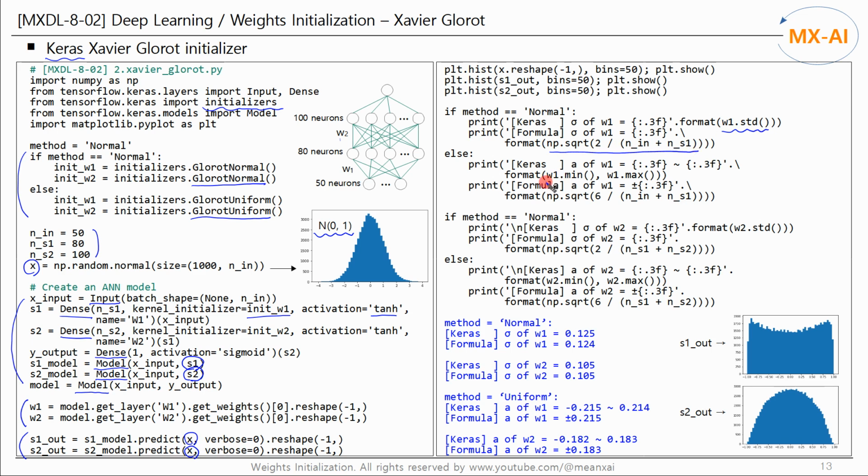Let's check the range of W1 calculated by Keras when using a uniform distribution. We check the range with the minimum and maximum values of W1. Then we will use this formula to manually calculate and compare the results. And we will also check the standard deviation of the normal distribution and the range of the uniform distribution for W2.